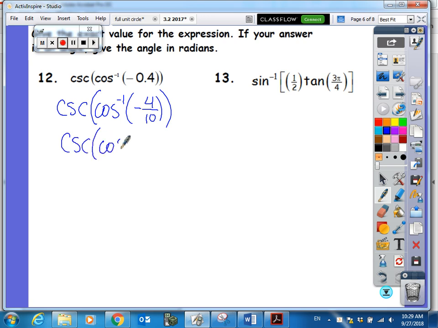Now, I always like to simplify at the beginning if possible because I don't want to multiply big numbers at the end. It's a lot easier to recognize how to simplify things at the end if you deal with smaller numbers. There's nothing wrong with keeping it 4/10. It's just when you do your a squared plus b squared equals c squared, it's going to be a little bit bigger.